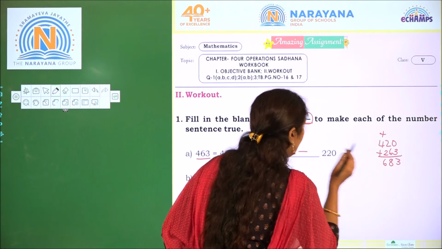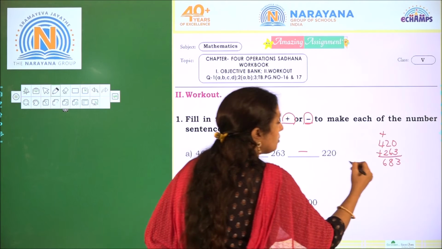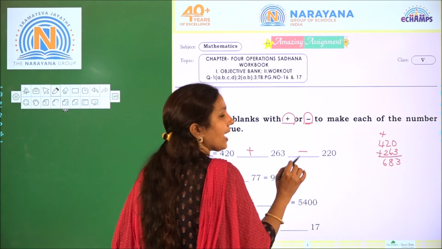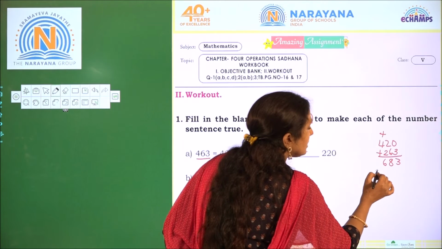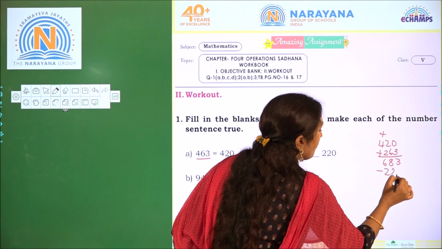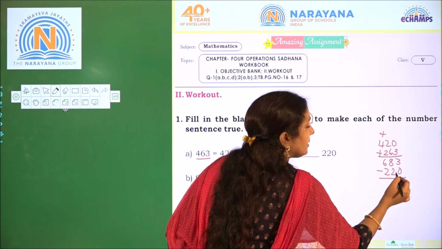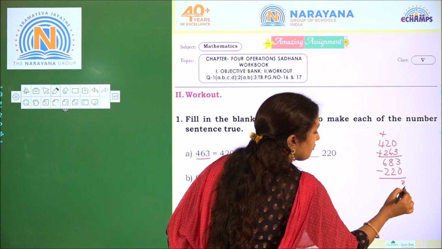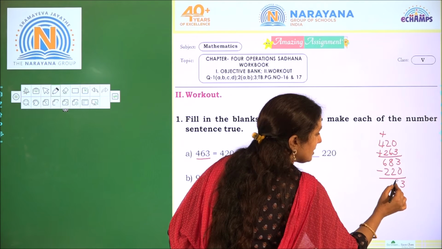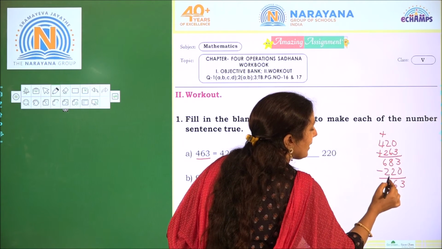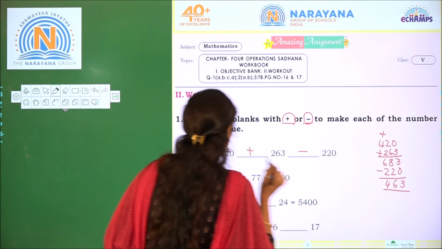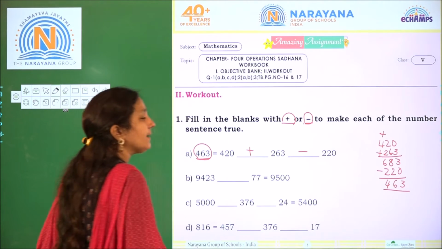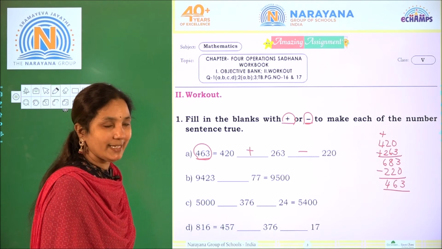Now subtract, it will not be equal. Now one more number is there here, 220. Just I am taking minus symbol. Subtract from 683, 220. 3 minus 0 is 3, 8 minus 2 is 6 and 6 minus 2 is 4. So here what is there? 463. So which symbols will come? Plus and minus. Got it children?